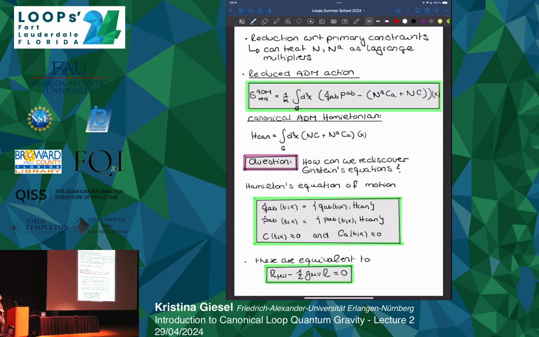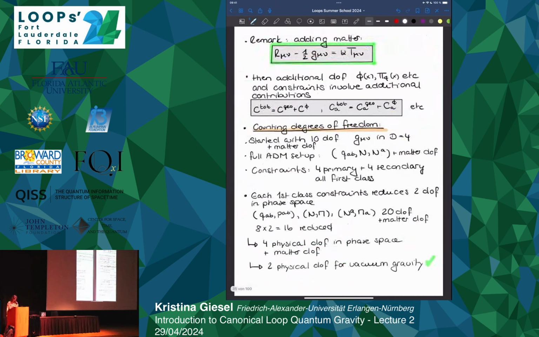And in addition, all these variables are not independent because we have to respect the constraints, which in the reduced case are the Hamiltonian and diffeomorphism constraints. Now this system in the upper box is equivalent to the Einstein equations in the Lagrangian case. And since I restricted to vacuum, we really have just the zero on the right-hand side.